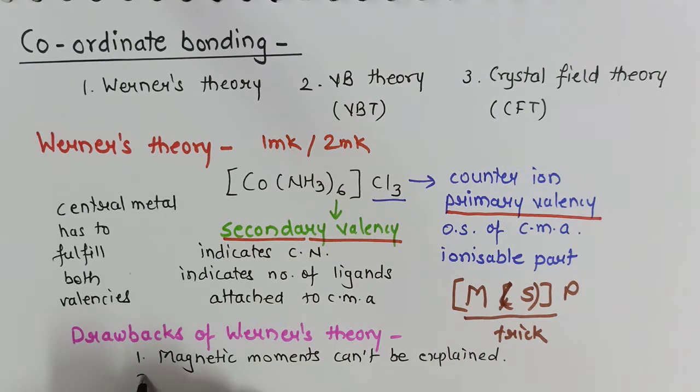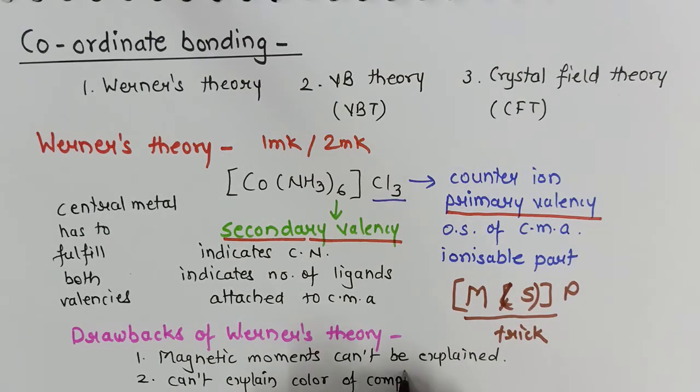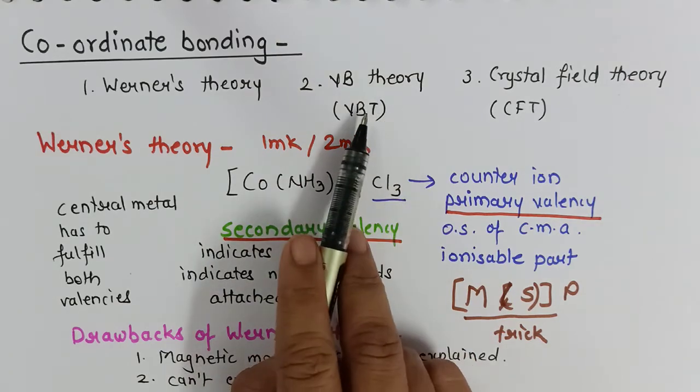Secondly, this theory also can't explain the color of the complex. Coordinate complexes are colored, but Werner's theory is unable to explain why the coordinate complexes show various colors. Since Werner's theory failed on these two aspects, another theory came into existence, that is valence bond theory, VBT.